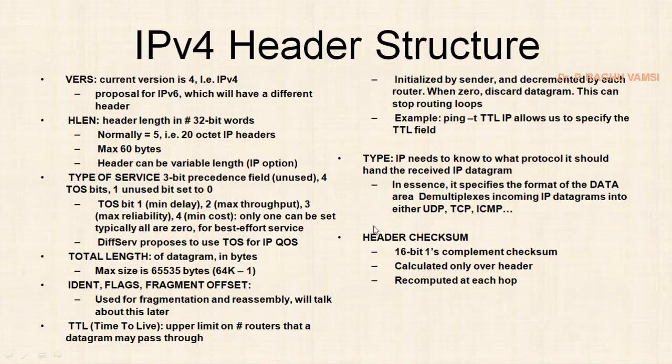Every hop that receives the packet will recompute the checksum. If the recomputed checksum matches the original checksum, only then will the packet be processed. Otherwise, the packet will be discarded. So this covers the IPv4 fields: version, header length, type of service, total length, identification and fragment offset, TTL, type, and header checksum.